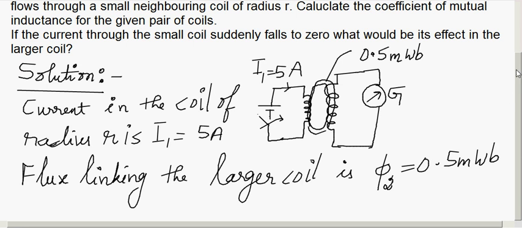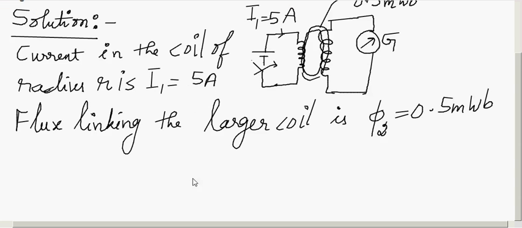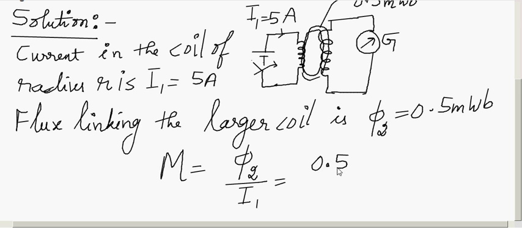By definition, M is phi 2 by I1, the total flux linking coil 2 due to current in coil 1. So it is phi 2 by I1. Now calculate this: 0.5 into 10 to the power minus 3 divided by 5.